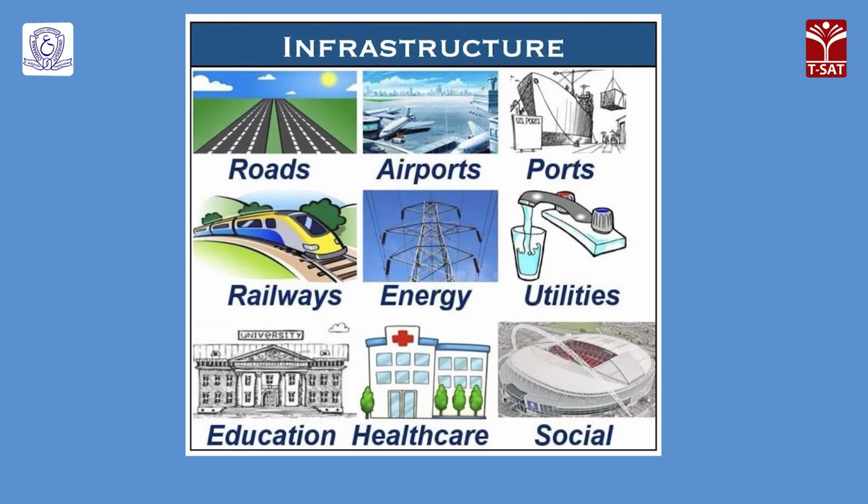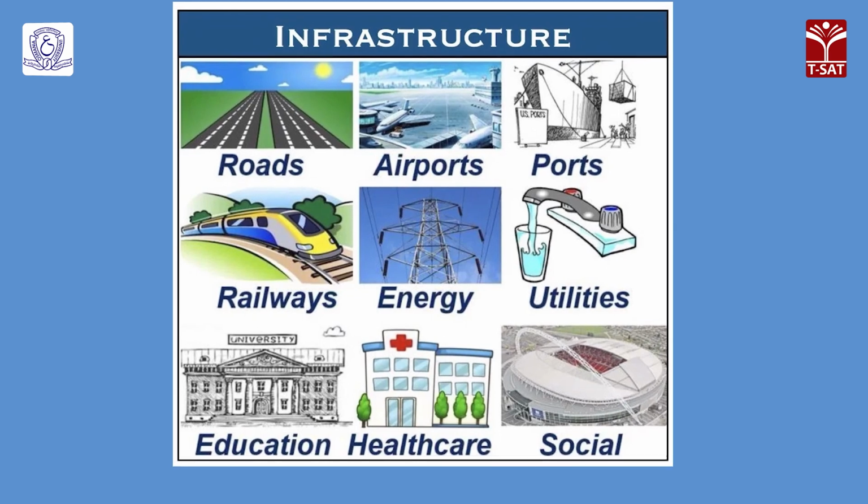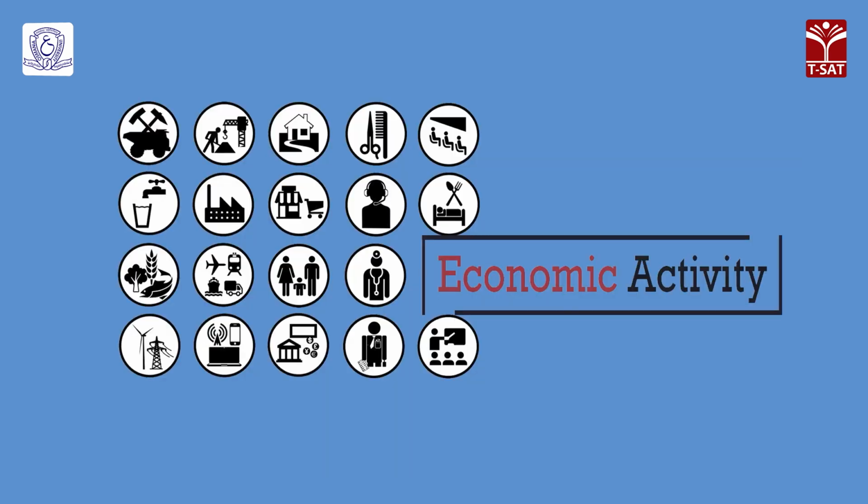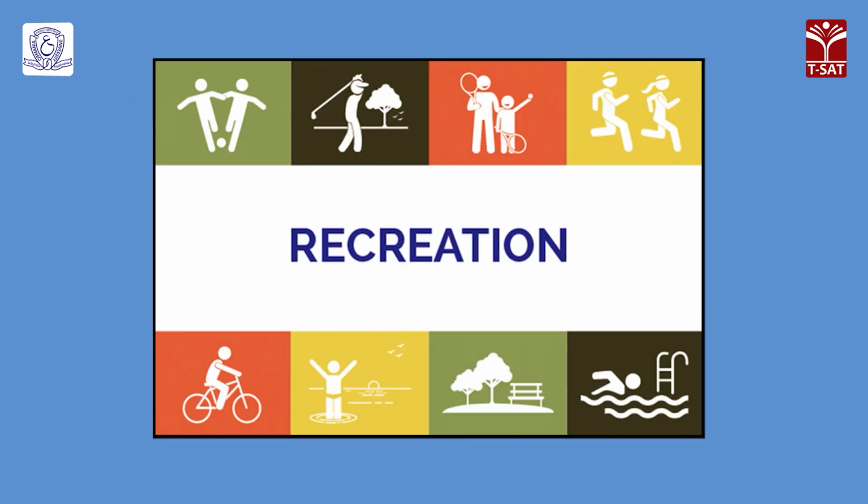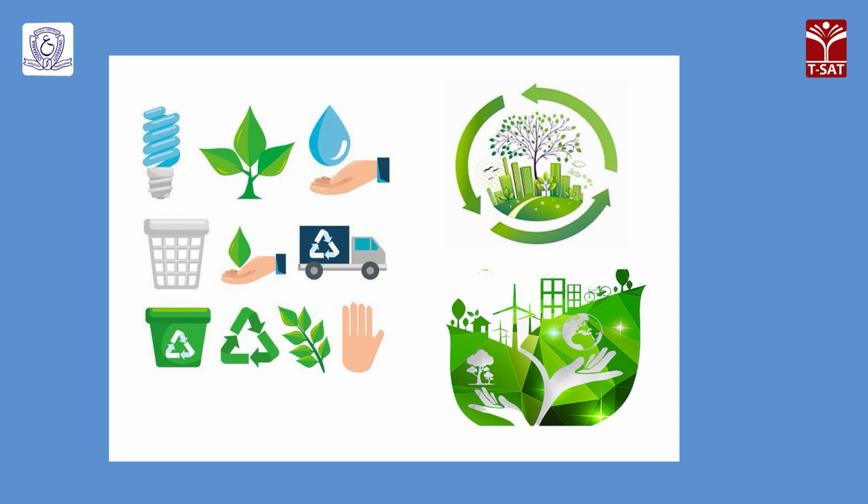It is a framework to propose the optimal physical infrastructure for a settlement or area, including infrastructure for public services, transport, economic activities, recreation and environmental protection. A physical plan may be prepared for an urban area or a rural area.